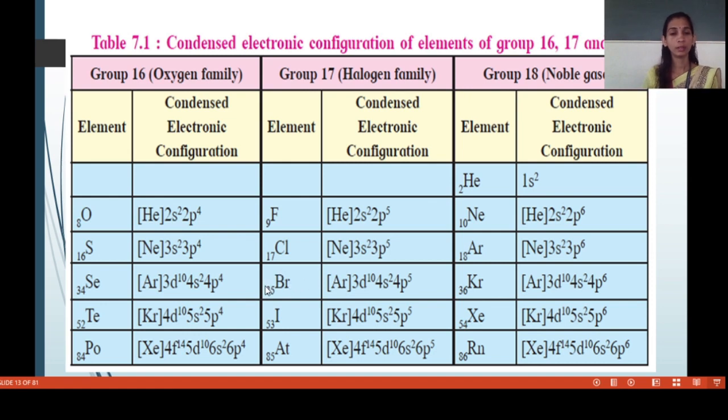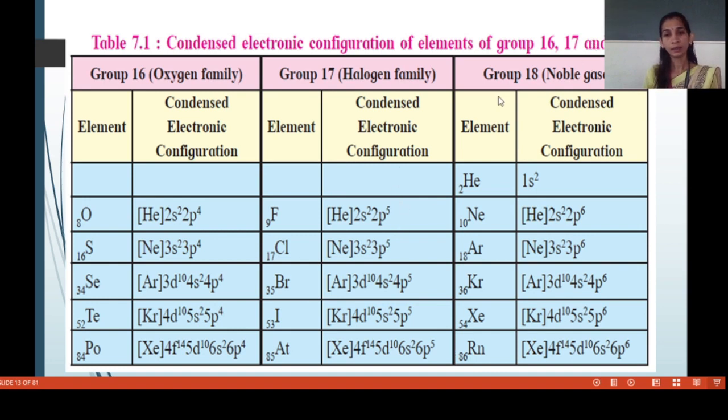Bromine, atomic number 35, is argon 3d10 4s2 4p5. Here also for iodine, 5s2 5p5. The p subshell contains 5 electrons, that means the general electronic configuration for group number 17 is ns2 np5.